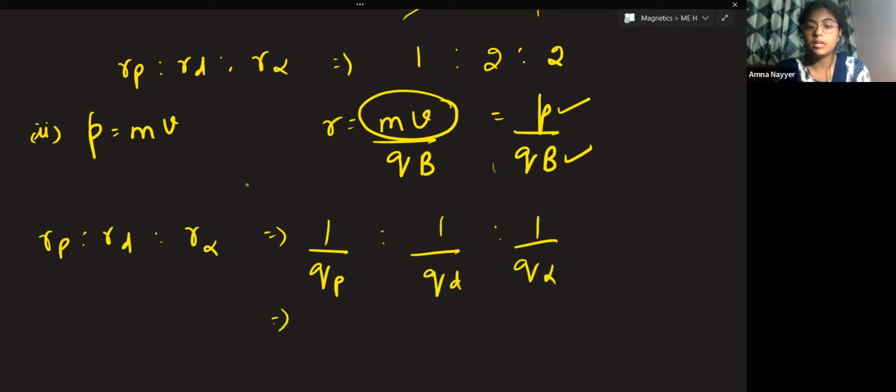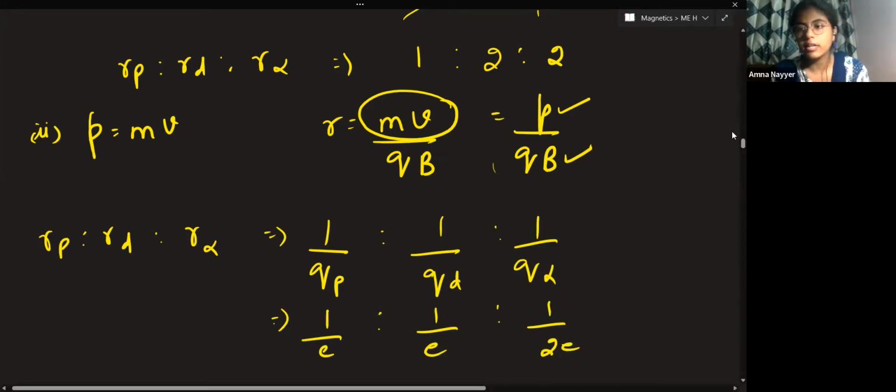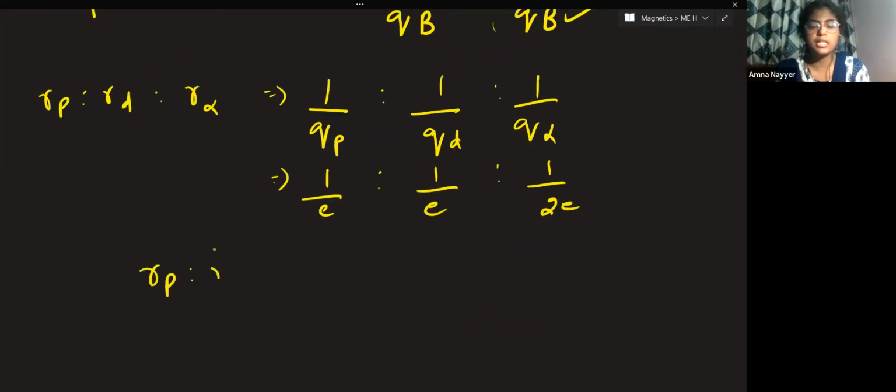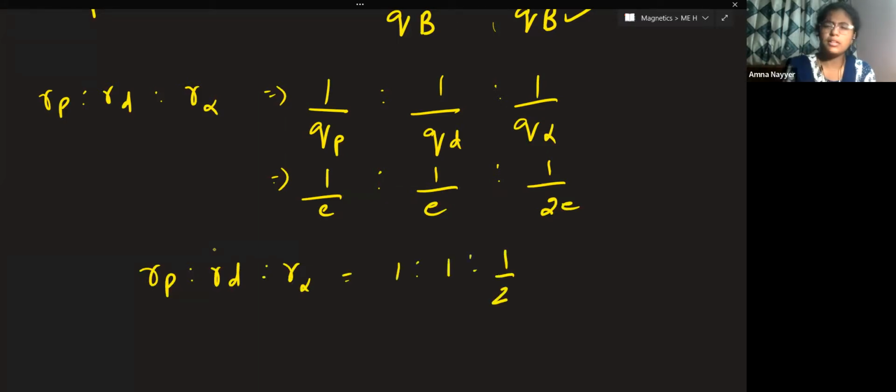This becomes 1 by e is to 1 by e is to 1 by 2e. So e also gets cancelled. Ratio comes out to be 1 is to 1 is to half. You can write 1 is to 0.5, or you can multiply everything by 2 and write 2 is to 2 is to 1.